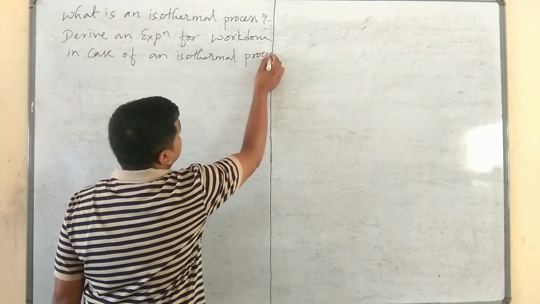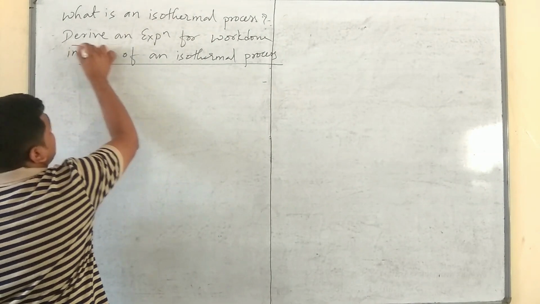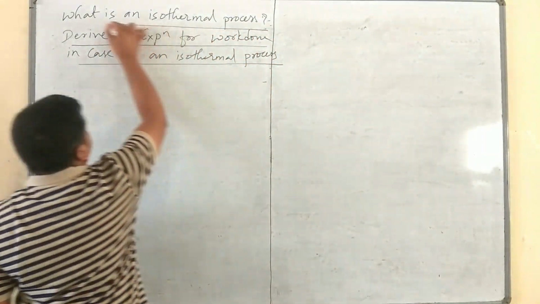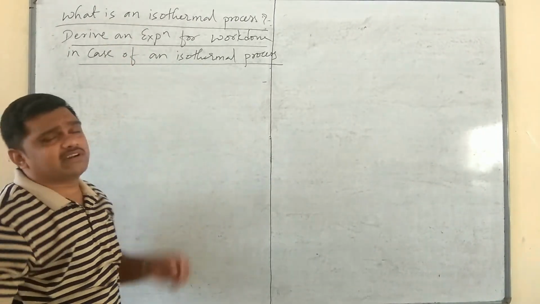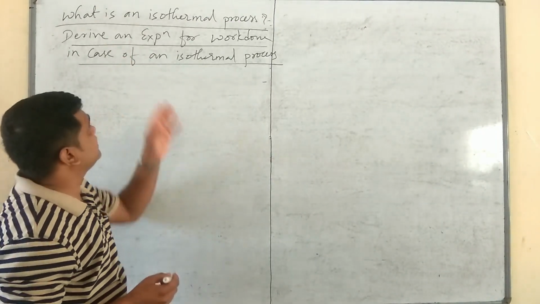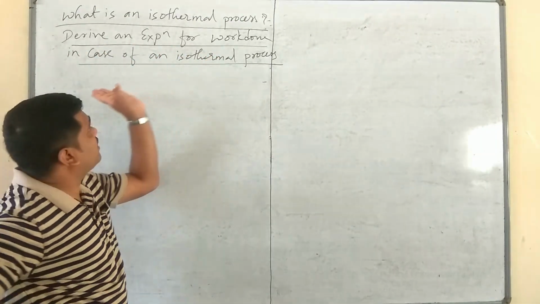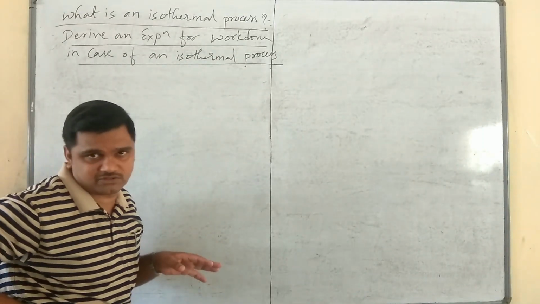Like this, they will ask you one important 5-mark question. In the next class, let us discuss what is an adiabatic process and hence derive an expression for work done in case of an adiabatic process.